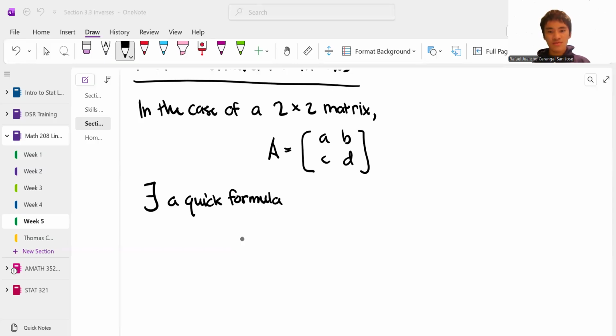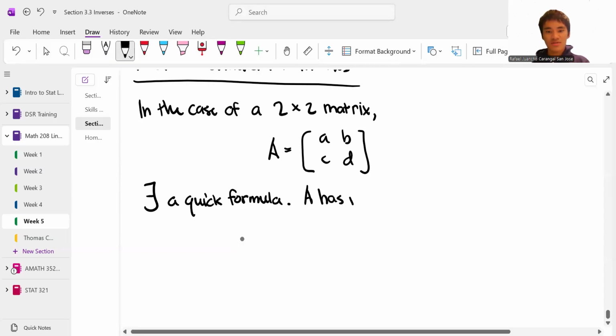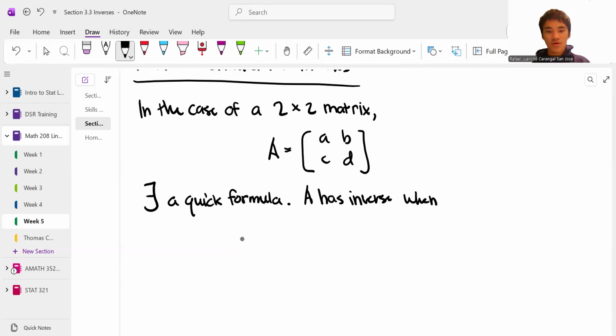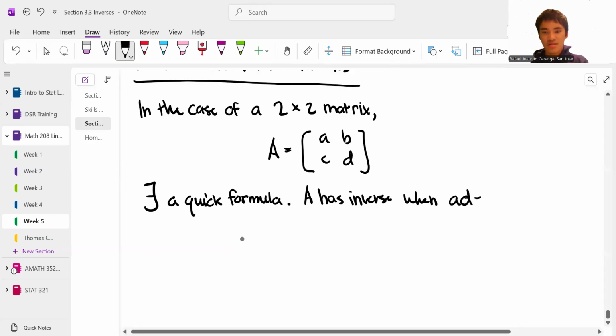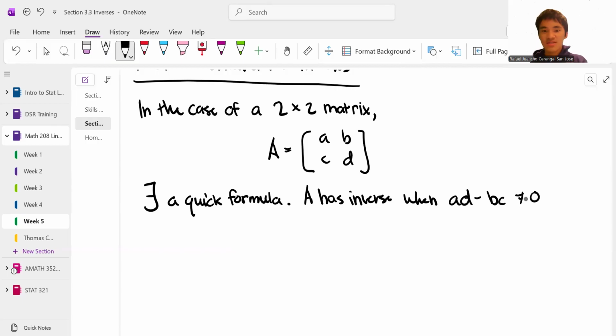There exists a quick formula. And it can be shown that A has an inverse exactly when, here's a quick way to find if A has an inverse, AD minus BC is not 0. If it isn't 0, we know there's an inverse.